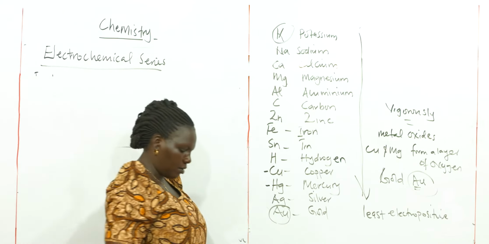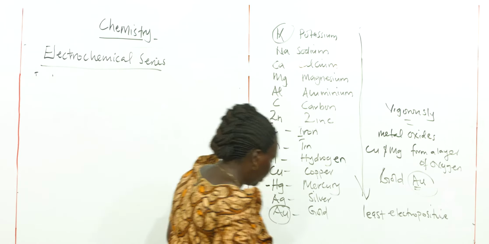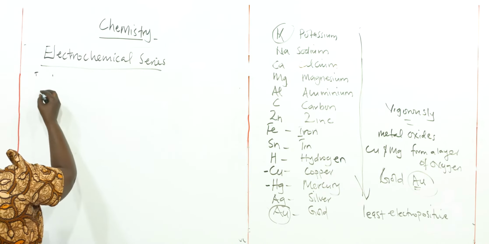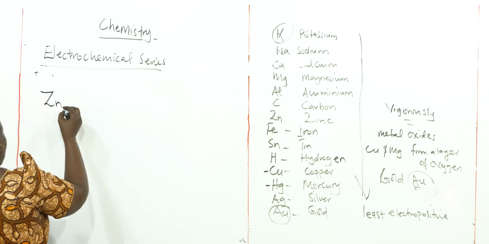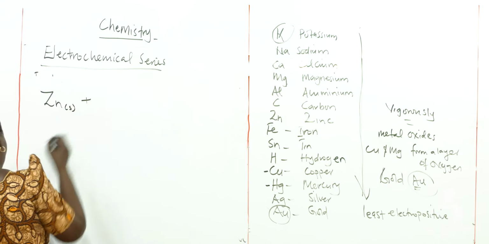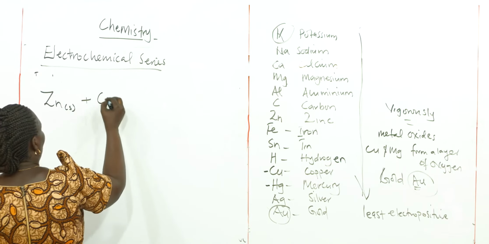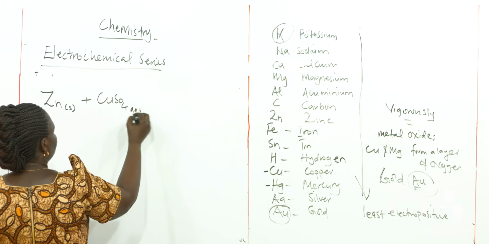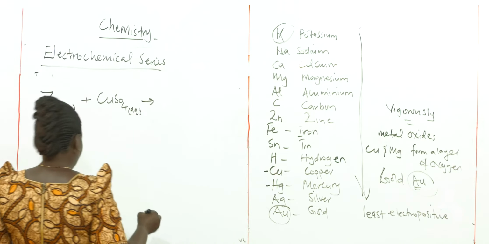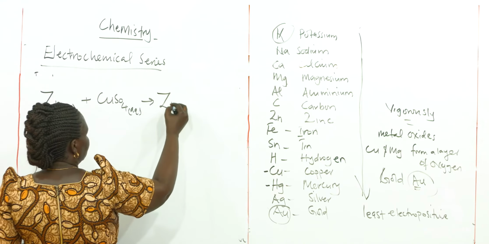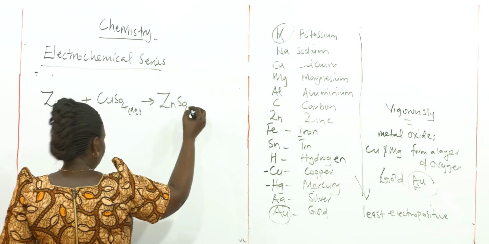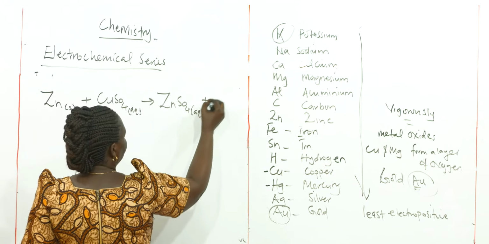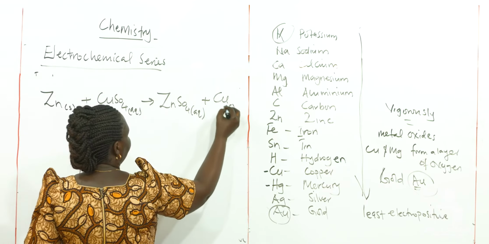So, for example, we have a reaction of zinc metal, that is solid, reacts with copper sulfate, that is aqueous. This will give us zinc sulfate in aqueous form plus copper metal.